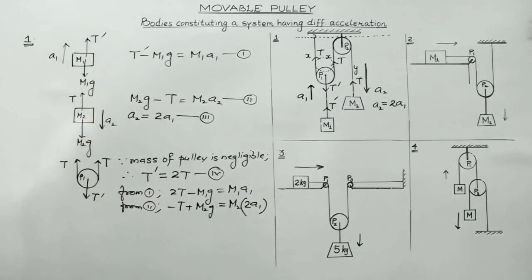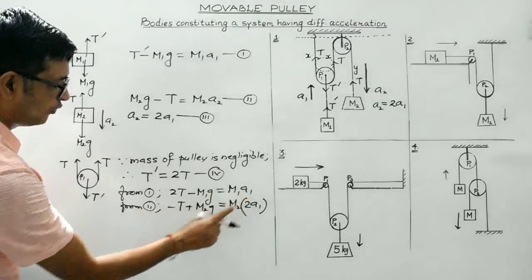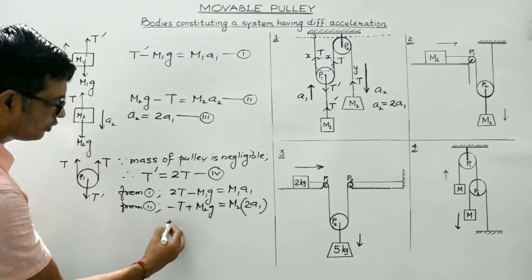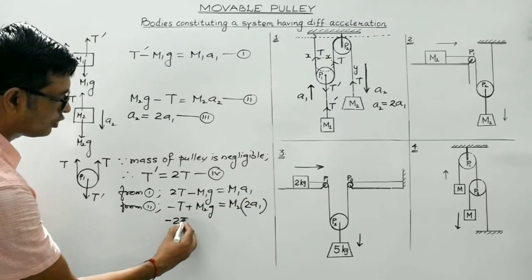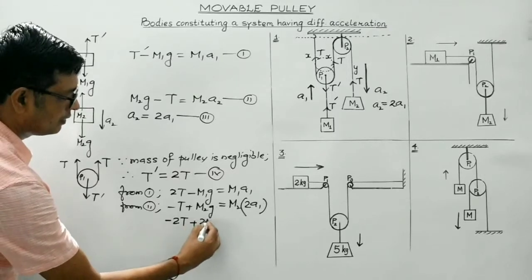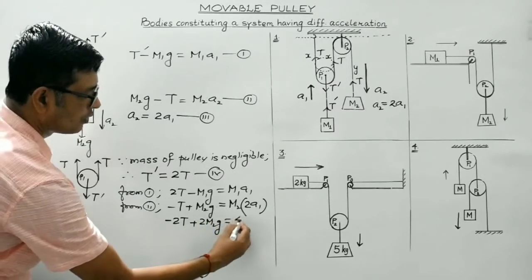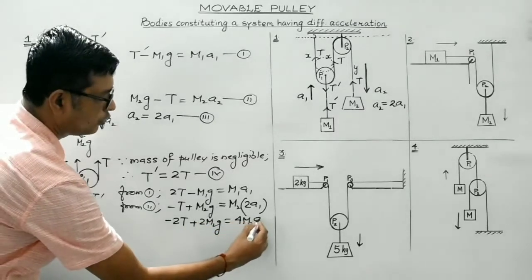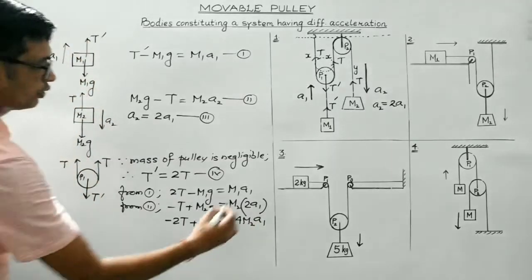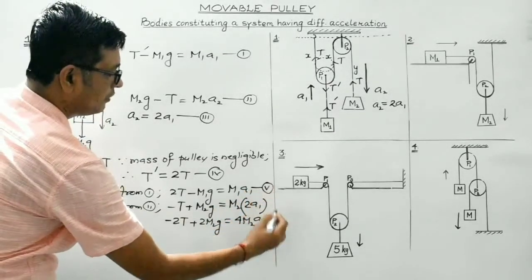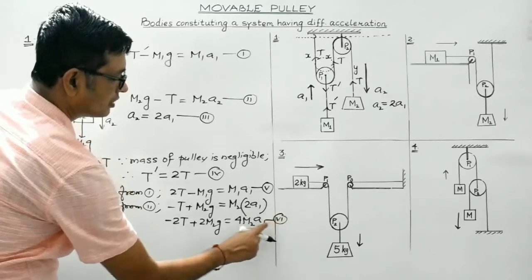Clear, friends? Now, in order to equate the coefficients, we can multiply it by 2. So, after multiplying by 2, we get 2M2G minus 2T is equal to 4M2A1, isn't it? So, this is suppose equation 5 and this is suppose equation 6.